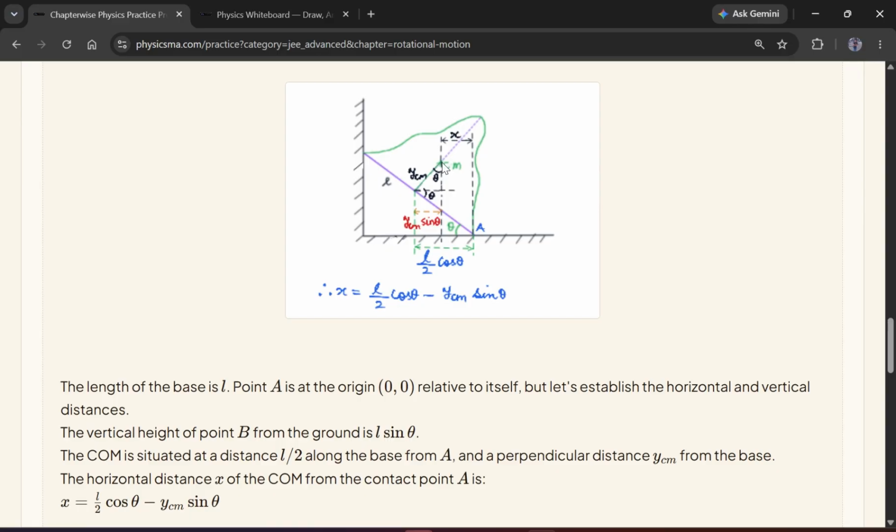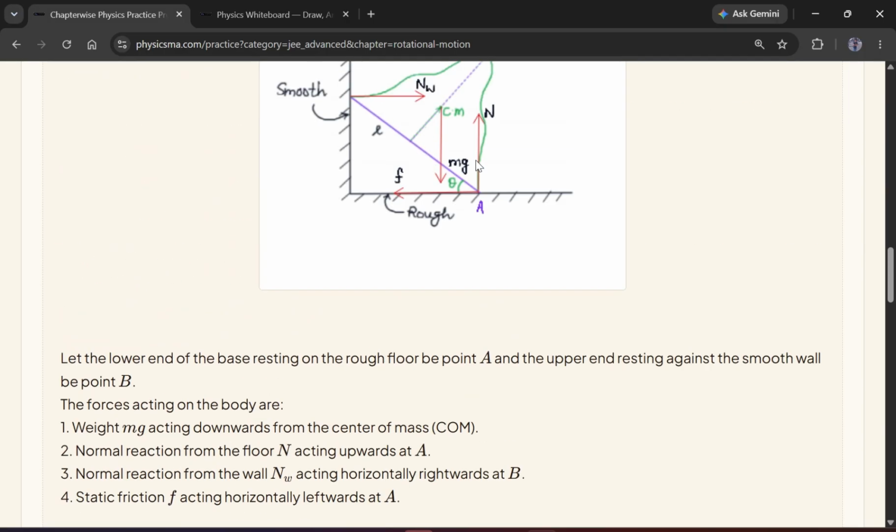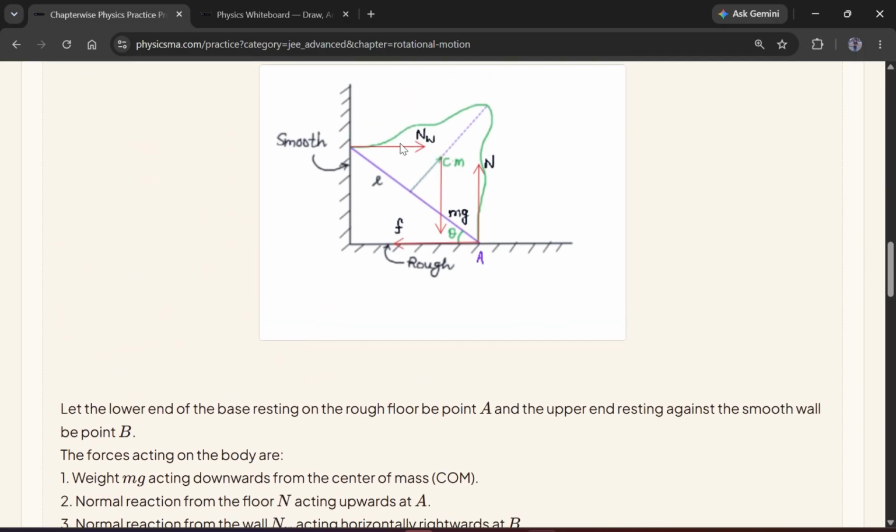So the torque of mg is going to be mg into x, right? Torque of this gravity. And if you curl your fingers, then the direction of this torque will be out of the plane. Okay, and torque of this NW about A is going to be NW into the perpendicular distance. And this perpendicular distance is going to be this distance, which is L sine theta.